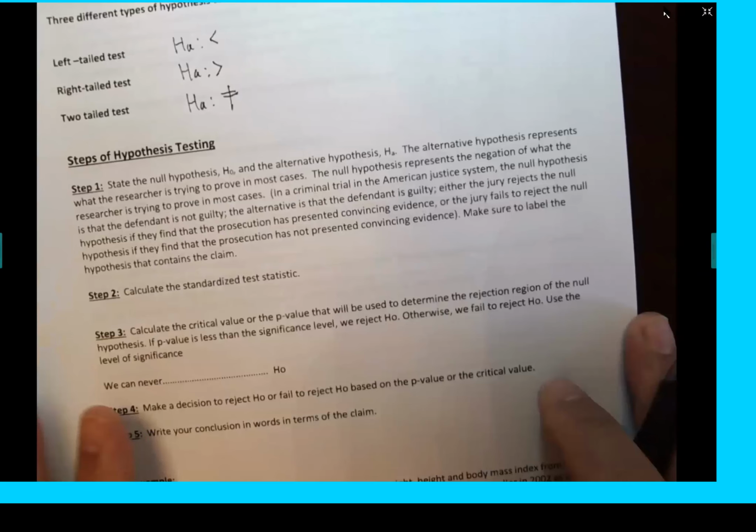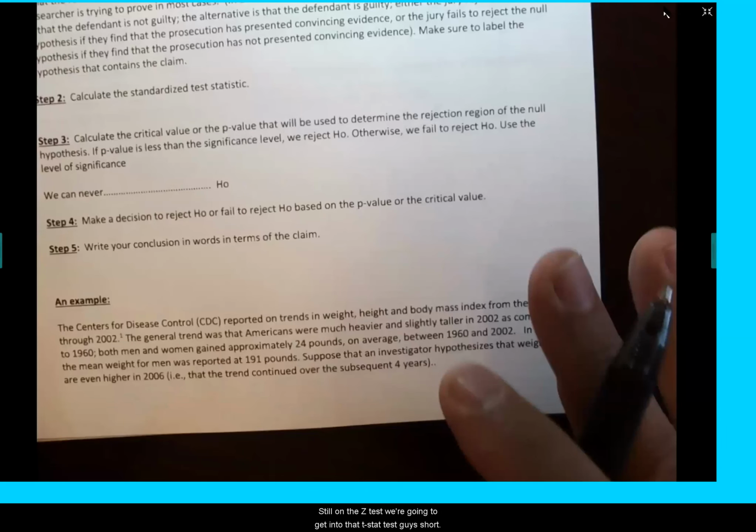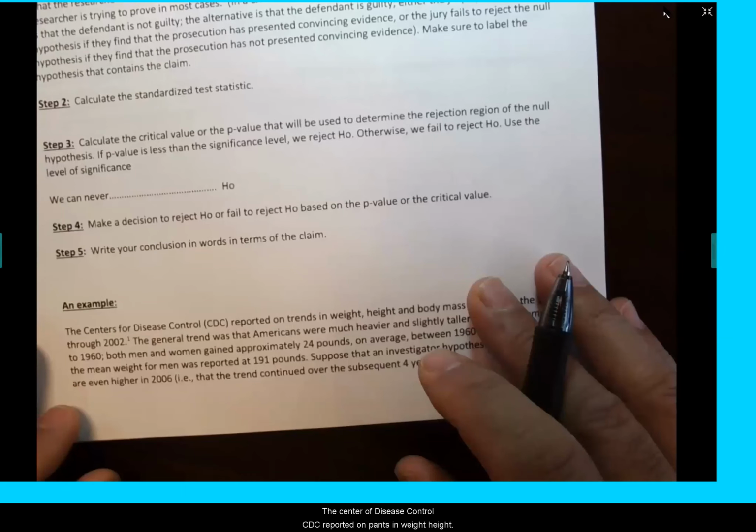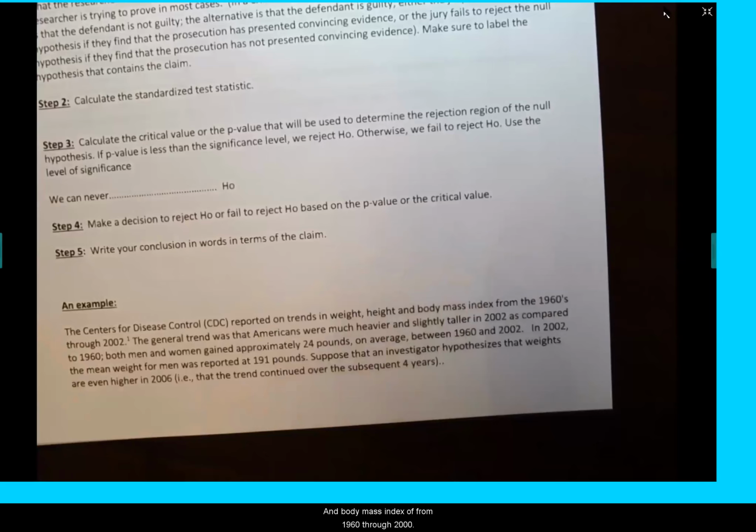Now, what we're gonna do, this exercise. Still on the Z test. We're gonna get into the T test, guys, shortly. The Center of Disease Control, CDC, reported on trends in weight, heights, and body mass index from 1960 through 2002.